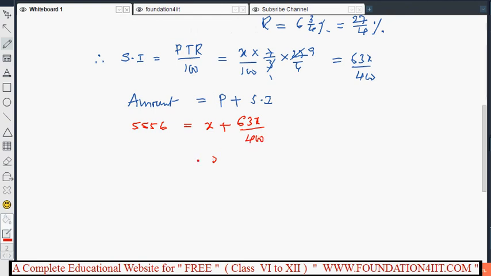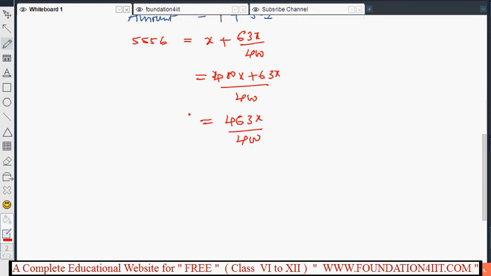So solving this, LCM 400, 400x plus 63x by 400, that is 463x by 400 is the value of 5556.